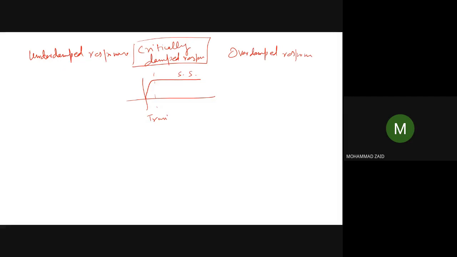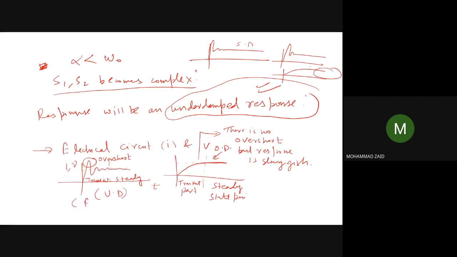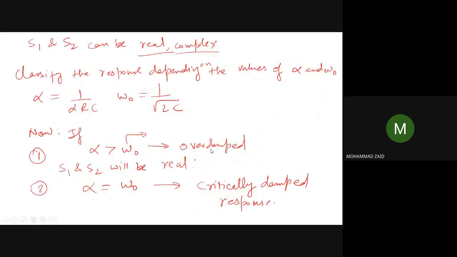We are talking about the forced response here. In this circuit, when you don't have any source connected into the system, finally the current and voltage will go to zero, as we will see in numerical problems.